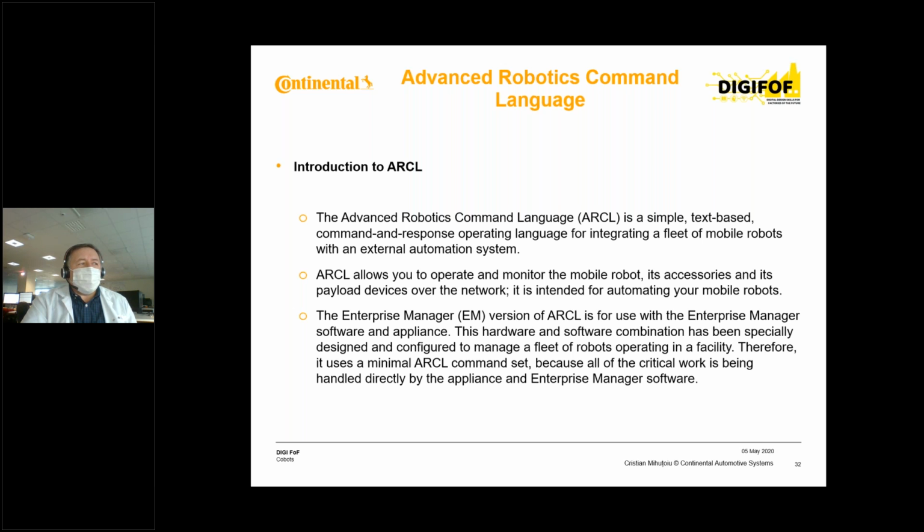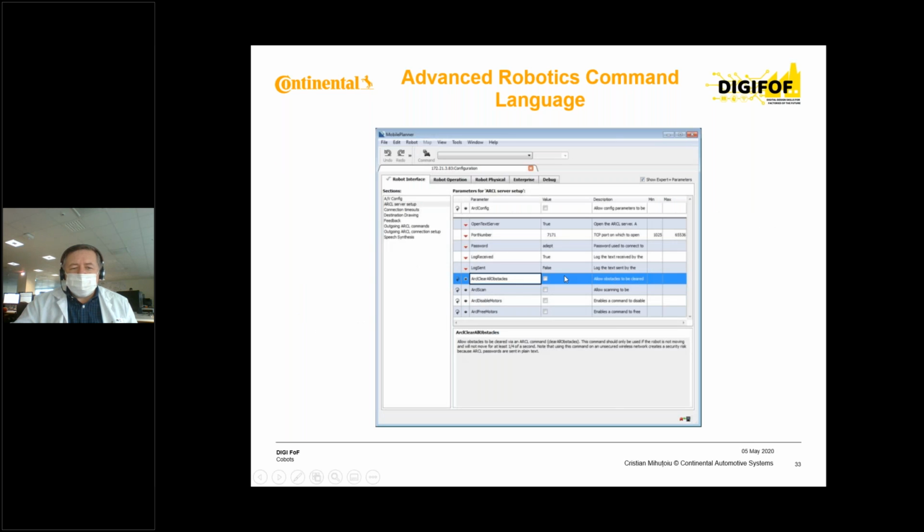It's sending the robots to charging when necessary, to parking, and also tracking each of them: where is it in position, how long it takes to perform a task, and all these kinds of details related to performance. This is the picture of how the mobile planning using ARCL looks.